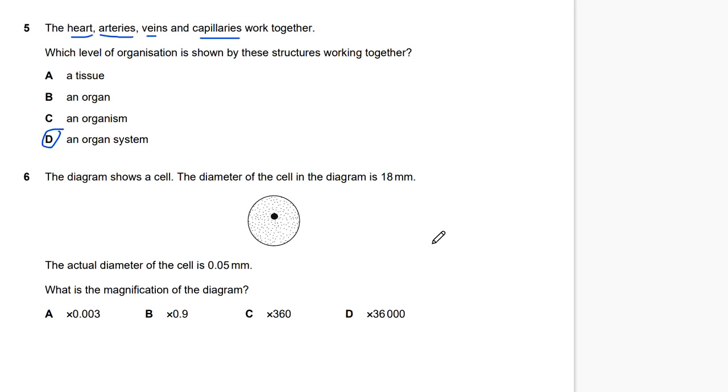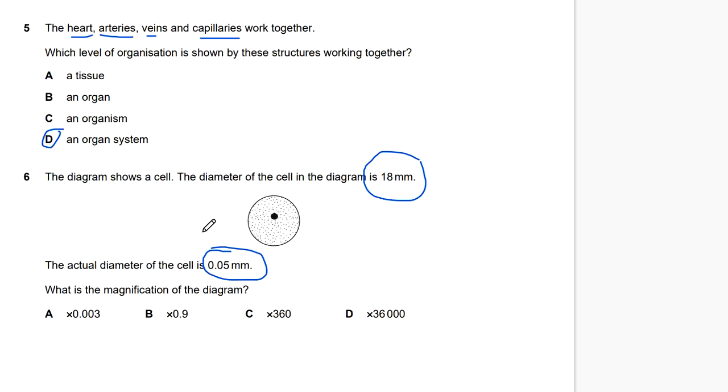The diagram shows a cell. The diameter of the cell in this diagram is 18 millimeters. We take note of 18 millimeters. The actual diameter of the cell is 0.05 millimeter. What is the magnification of the diagram?